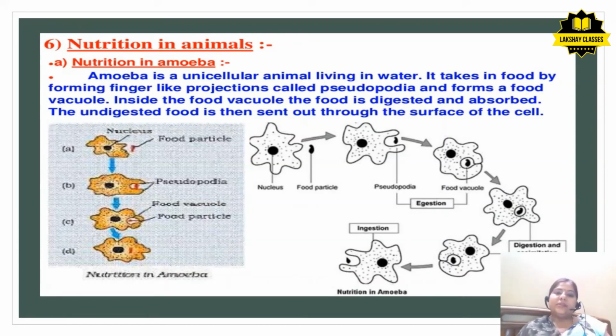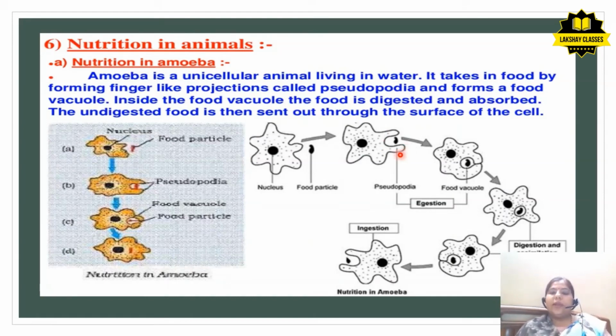This is the nucleus and this is the irregular structure of amoeba. These elongations are called pseudopodia, and with the help of these pseudopodia, amoeba is able to move.